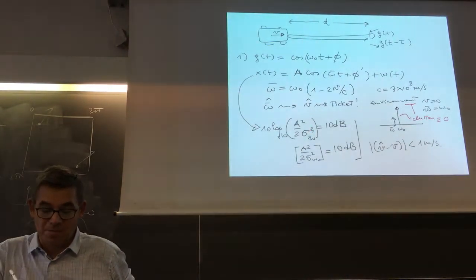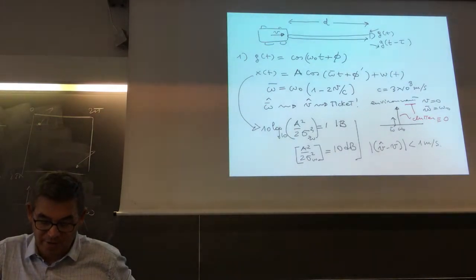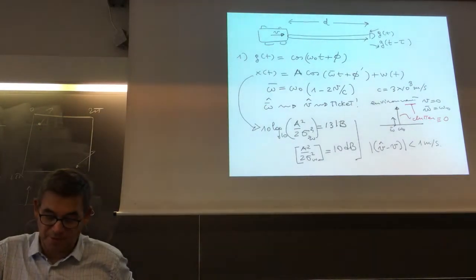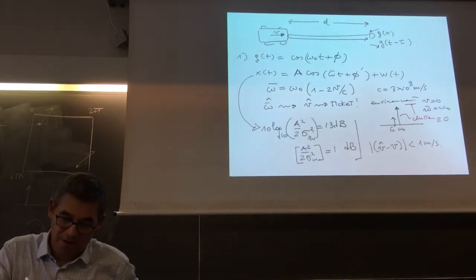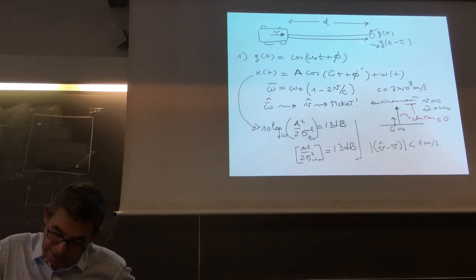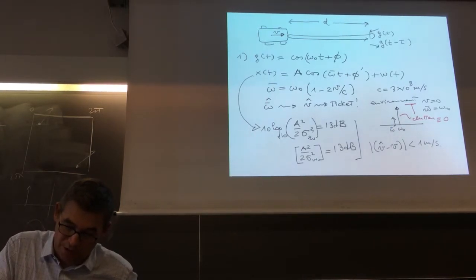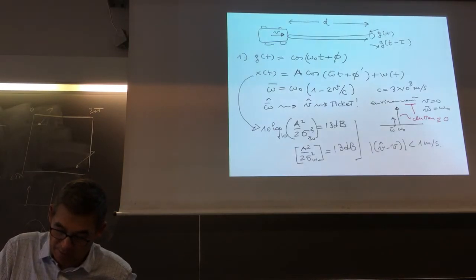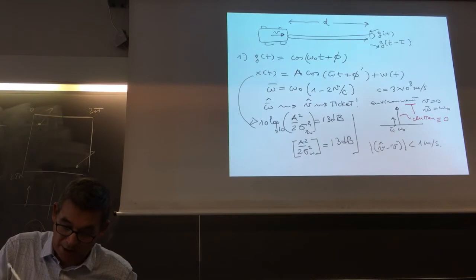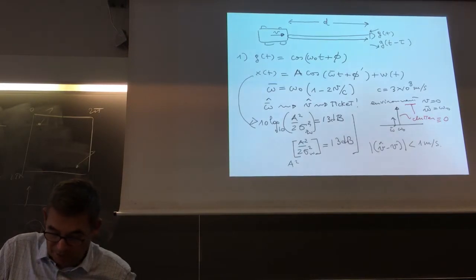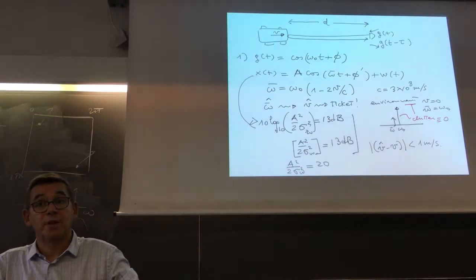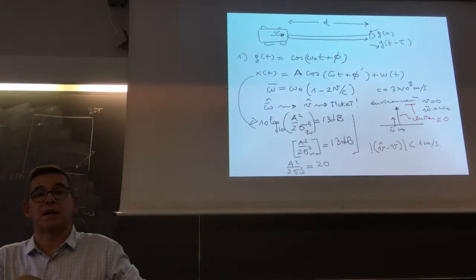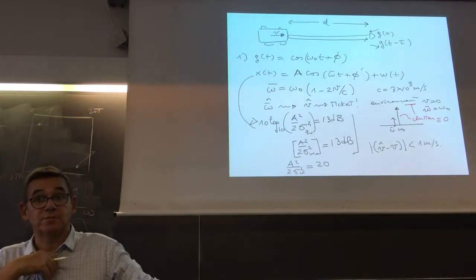Let's make it more esoteric. 30. So that means that, once I know this, I know that A squared divided by 2 sigma w squared is equal to 20. So when I assign in dB, it's like assigning in the normal, linear scale.